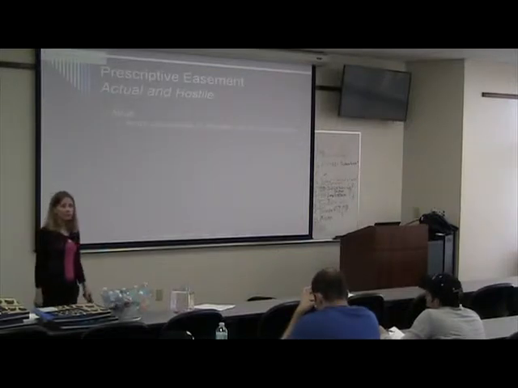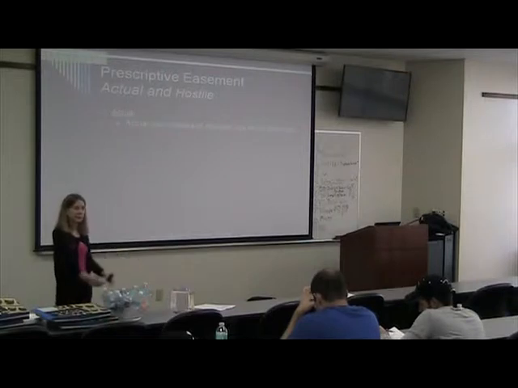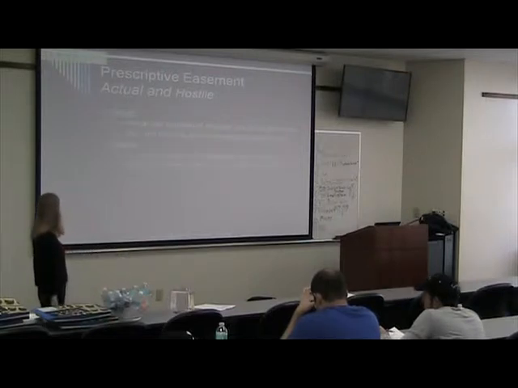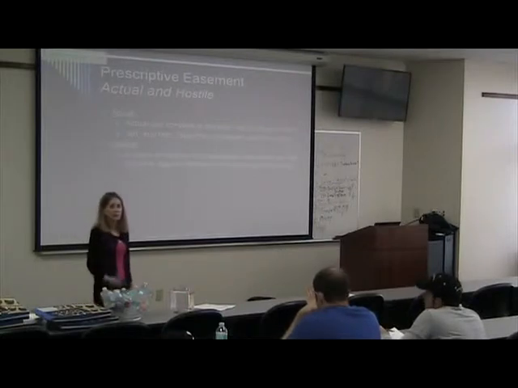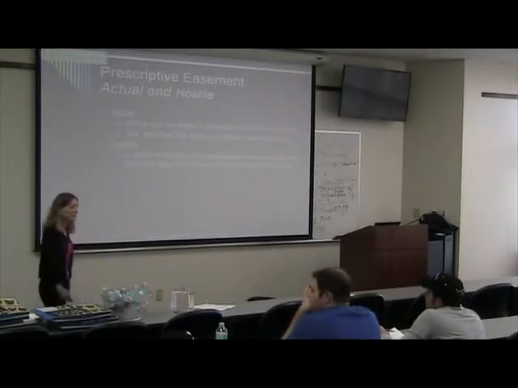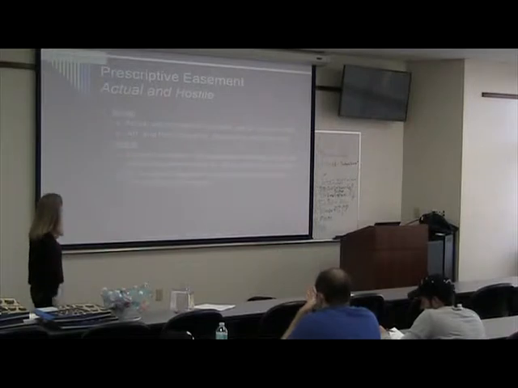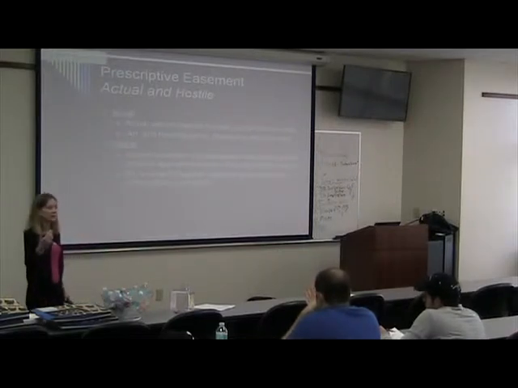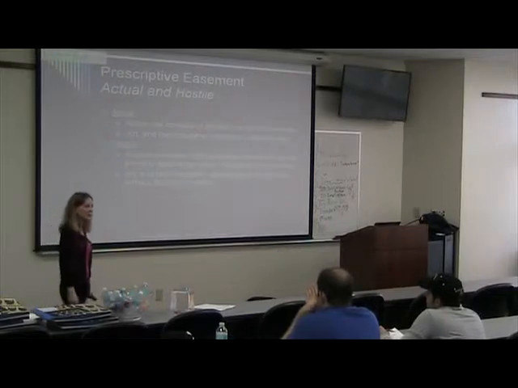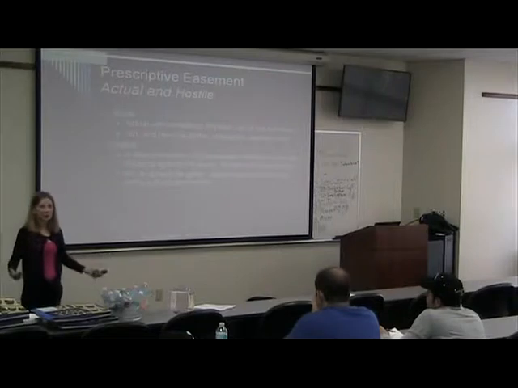It's got to be actual. Easy here again because she's actually walking on the path. Hostile. You may recall from your property class there are different views of hostility. What you're going to use here, even when it comes to the MBE, usually they're going to use the majority approach, which is the objective approach.